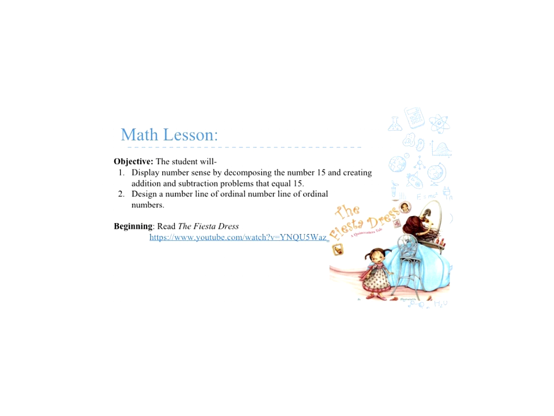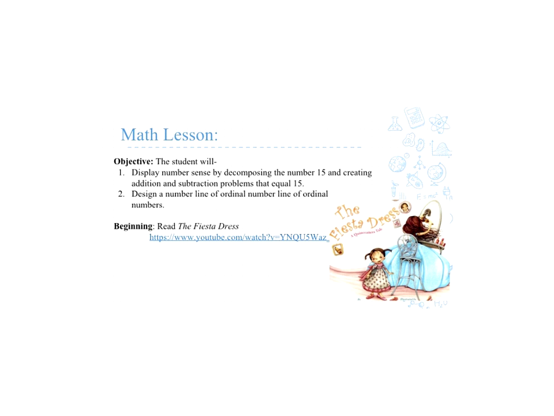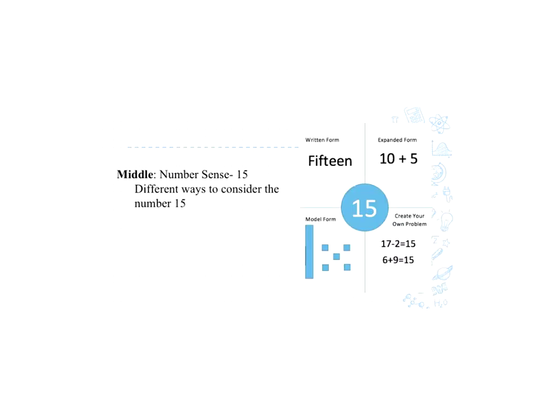At the beginning of the lesson, the teacher will ask students what they think a fiesta is, and then what they do for special events and for their birthdays. And we'll be reading The Fiesta Dress, and if you don't have access to the book, we've included a link to a read aloud.